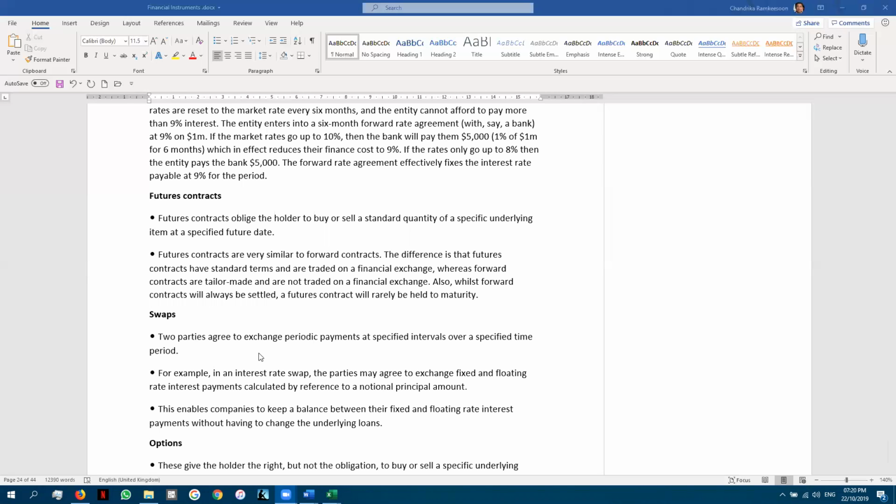Now, I'll tell you something about that. If futures are actually being used to hedge an underlying, then of course the company would actually take possession of the underlying instrument. For example, if it's a coffee seller, the company would actually take possession of the coffee in 6 months' time, or whenever.